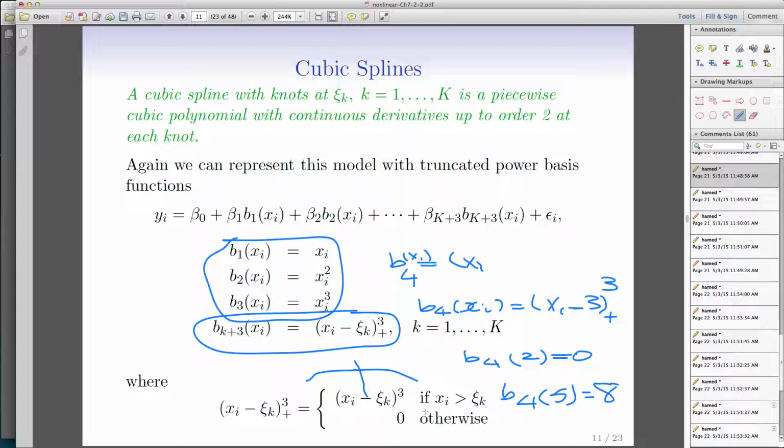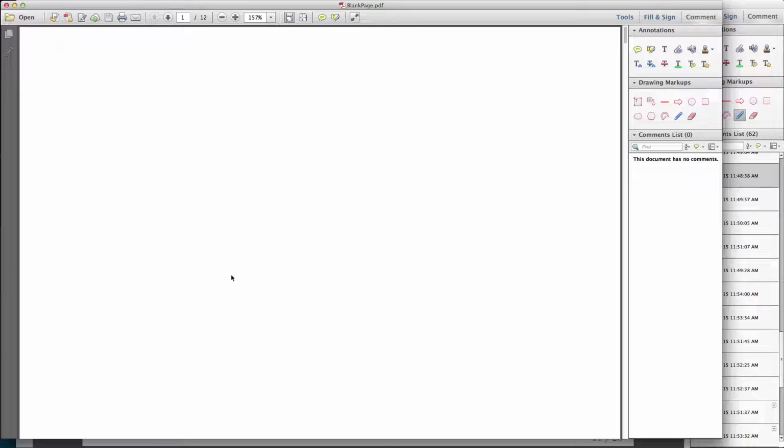So let's prove that these types of splines are continuous, including the first and second derivatives. I assume we only have one knot. I just define my knot as psi k.